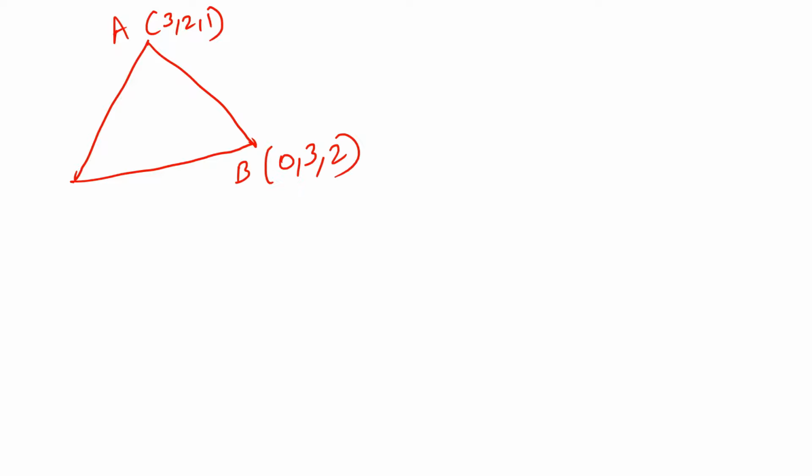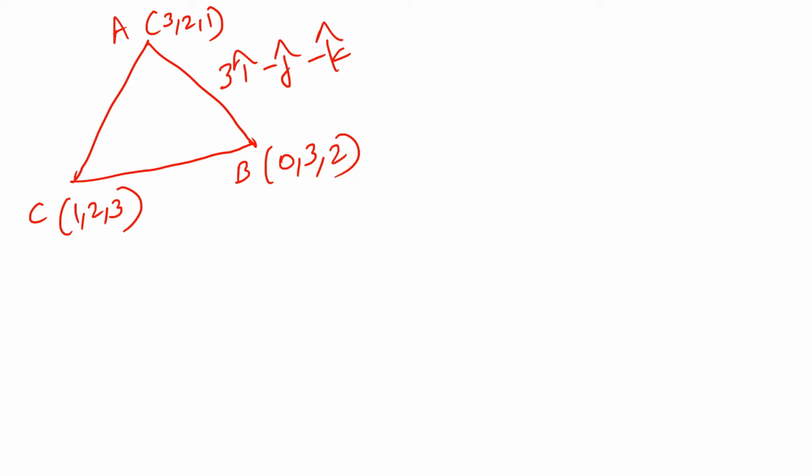Now students, if this is the triangle ABC, A was 3, 2, 1, B is 0, 3, 2, and C is 1, 2, 3, then the vector AB is going to be 3i minus j minus k, right?